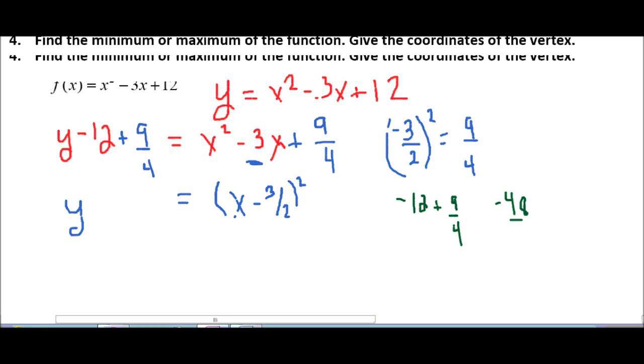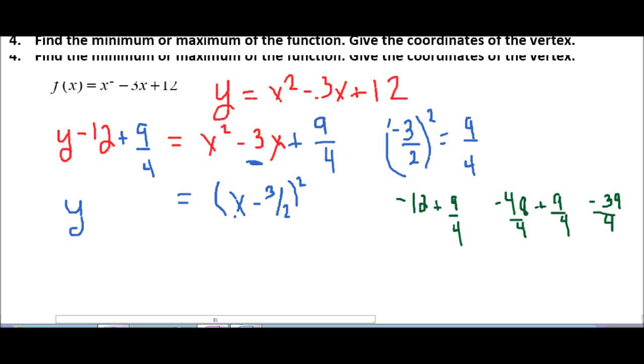Negative 48/4 plus 9/4. Okay, negative 48 plus 9 is negative 39 over 4.